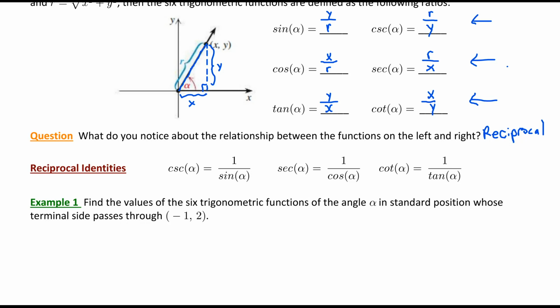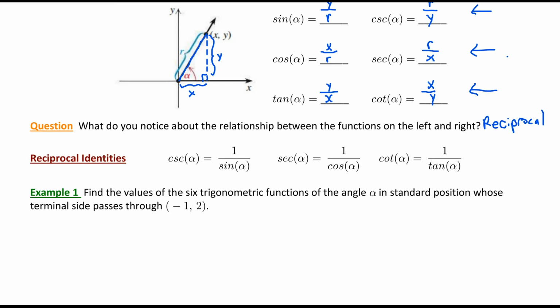Find the values of the 6 trigonometric functions of the angle alpha in standard position whose terminal side passes through the point -1, 2. We can begin with a sketch of the angle that contains -1, 2 on its terminal side.